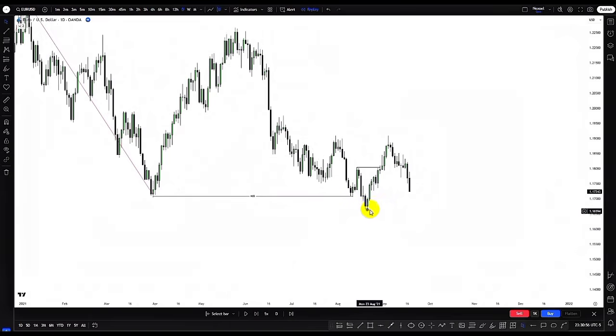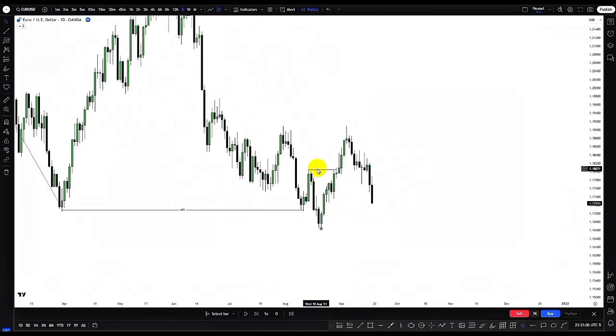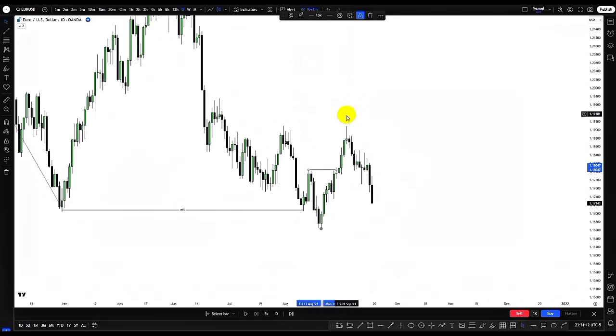For us to validate this low point, we want to see the movement to the upside that will seek an internal liquidity. We can clearly see that price sought this internal liquidity, which is our inducement liquidity. So price took out the inducements, and now we're having a bearish impulse back to the downside.